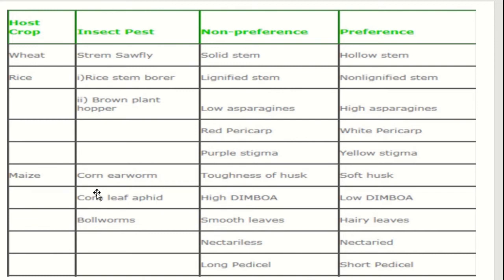In maize, for corn earworm, we have toughness of husk instead of soft husk, and for corn leaf aphid, the non-preference mechanism is high DIMBOA content. DIMBOA is a chemical. Low DIMBOA content is preferred by the insect, and so on in the case of cotton bollworm also.